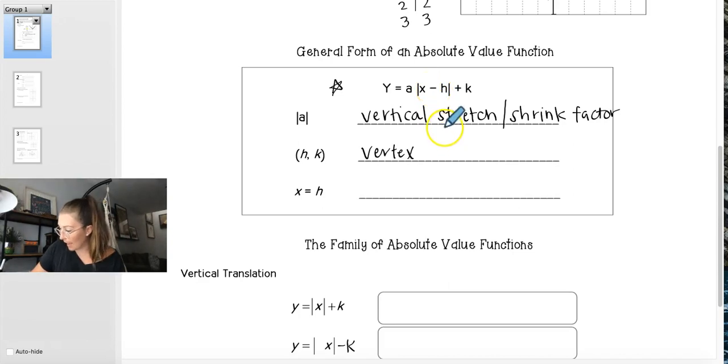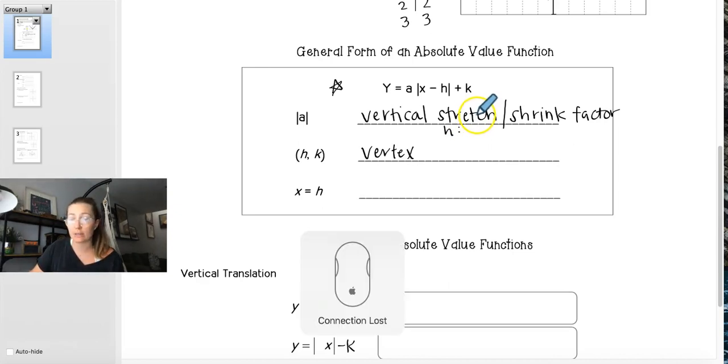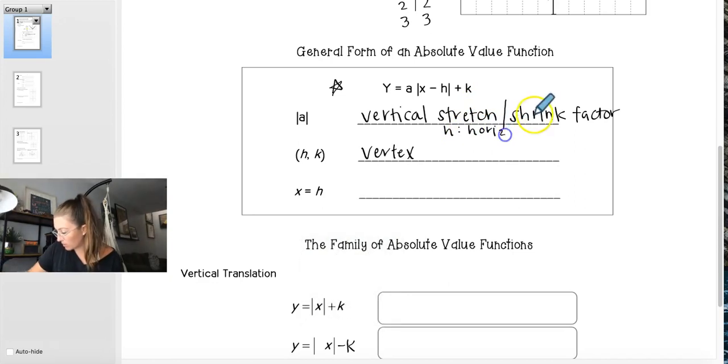So let's talk about it. h gives you your horizontal shift because it's on the inside. Everything on the inside is horizontal. And then k will be a vertical shift.